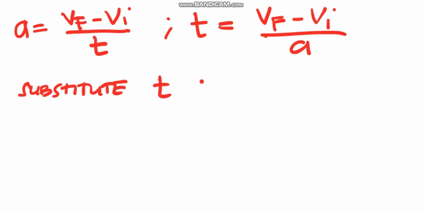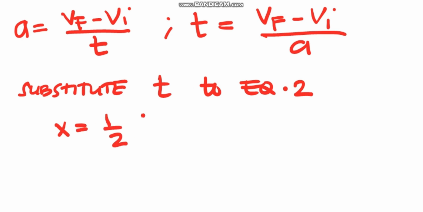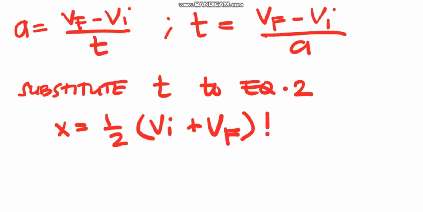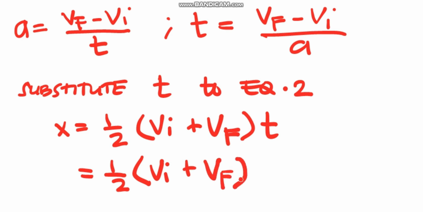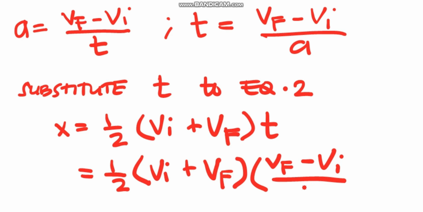From equation number 2, we have x is equal to 1/2 times the quantity v initial plus v final times t. So we will replace this t by this equation coming from our acceleration equation. So it will become 1/2 times the quantity v initial plus v final times vf minus vi all over a.